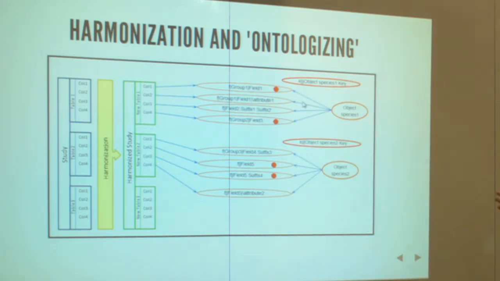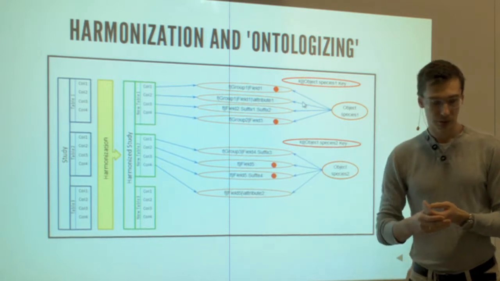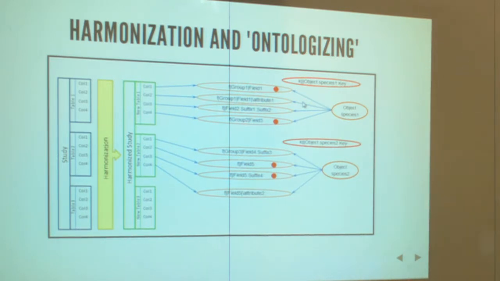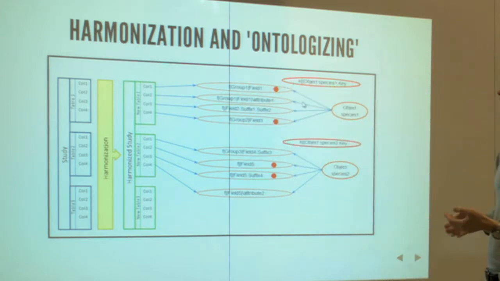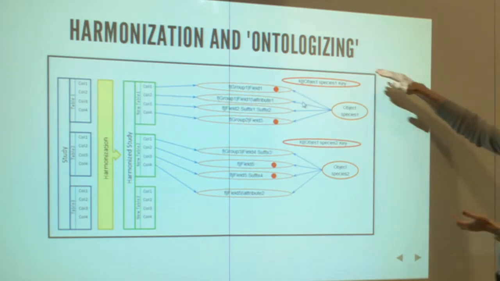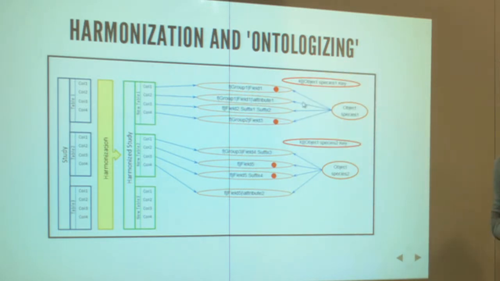And then the second step, if we simplify, you could say it's essentially renaming. Well, it's more complicated than that, but it's it. So first the data is shaped, and then it's renamed to conform to our schema, to our ontology. That's the second step, and we call it ontologizing. Purely internal names, but quite explanatory.